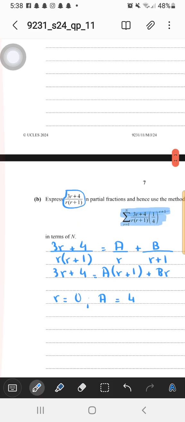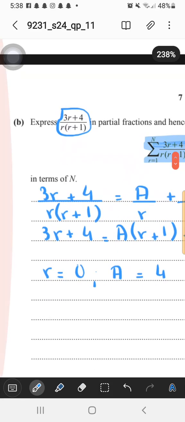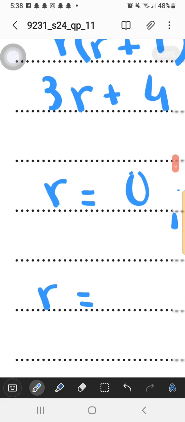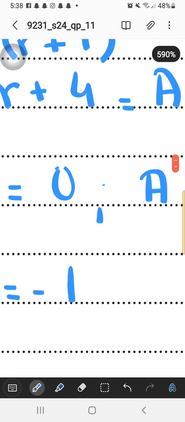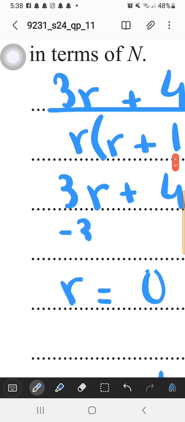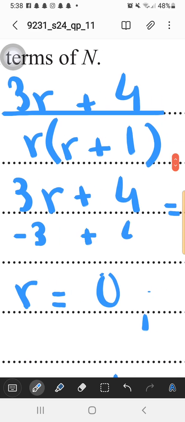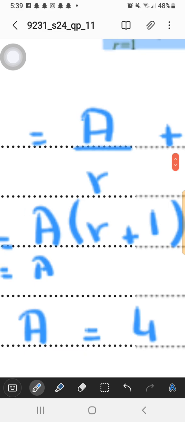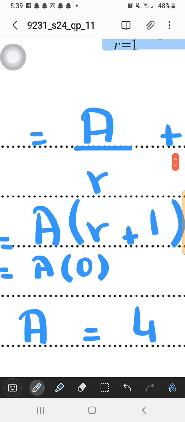Yeah, so we have to find out b also. So r is equal to -1 here. If r is equal to -1, it will become -3 plus 4 is equal to a multiplied by -1 plus 1, which becomes 0.